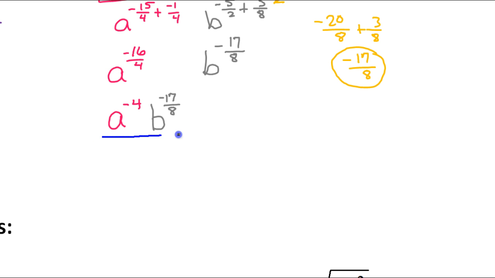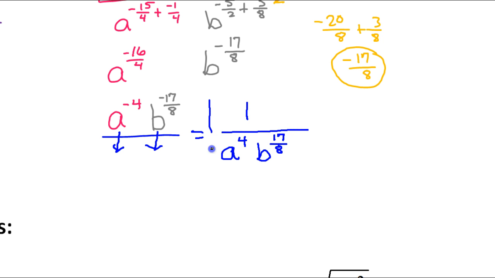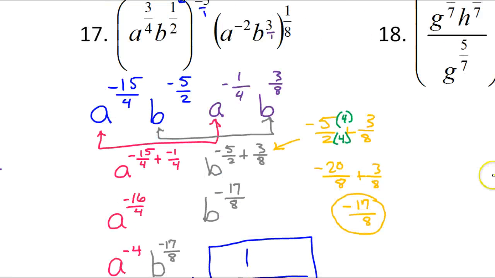So this is the invisible fraction line. Both of these have to drop down. So that's why the final answer will be 1 over a to the 4th power b to the 17 over 8 power. And that is it for number 17. All right, let's go on to number 18.